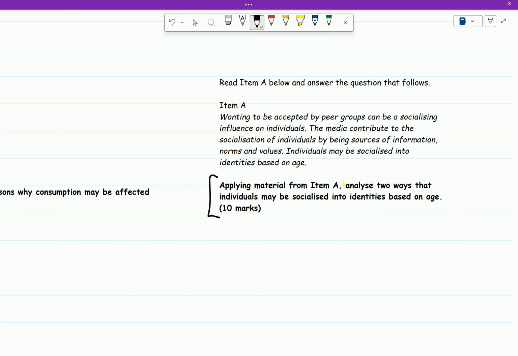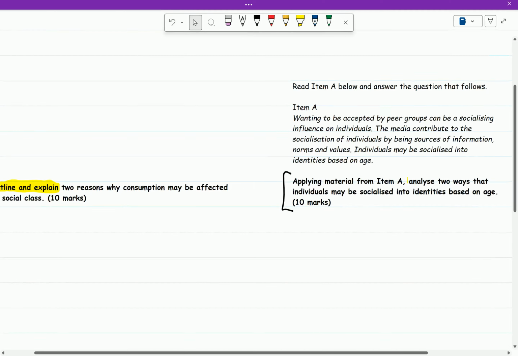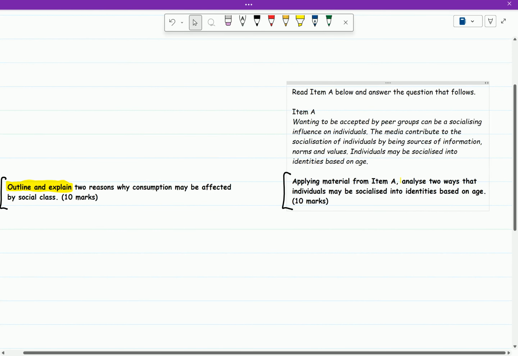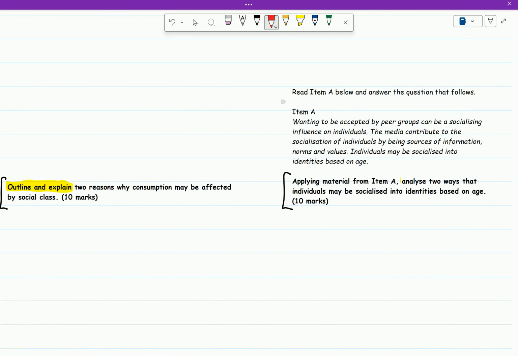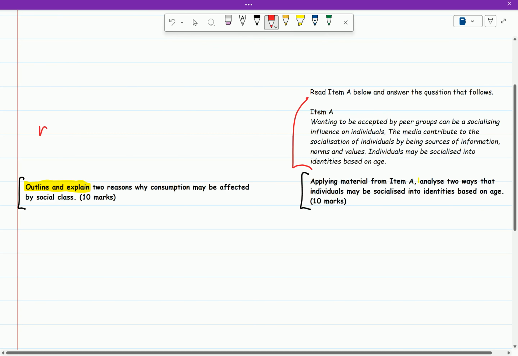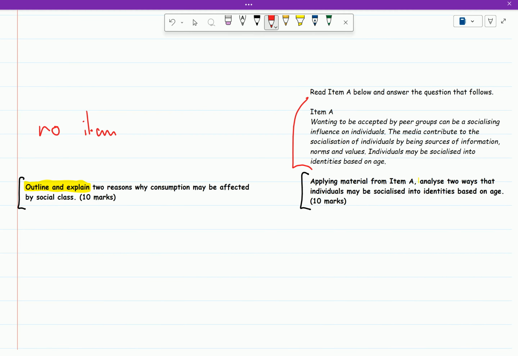The most obvious difference here is going to be this bit of text, what we call a source or an item. This question has an item, this question does not. Now that's obvious, but there might be a tendency in an exam to have all sorts of thoughts and panic and make a mistake.